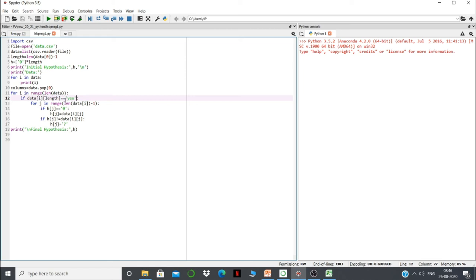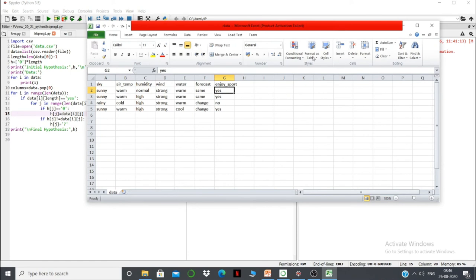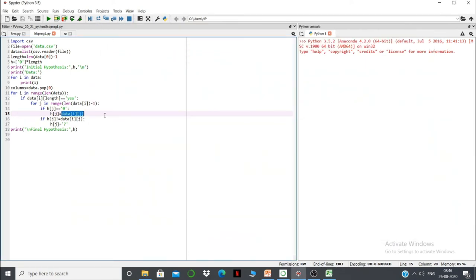If it is yes, then if h of j is equal to phi, replace all the phi values with the data of i, j, that is first row first column, first row second column, first row third column, first row fourth column. Like this, all the values are replaced with the first training example.